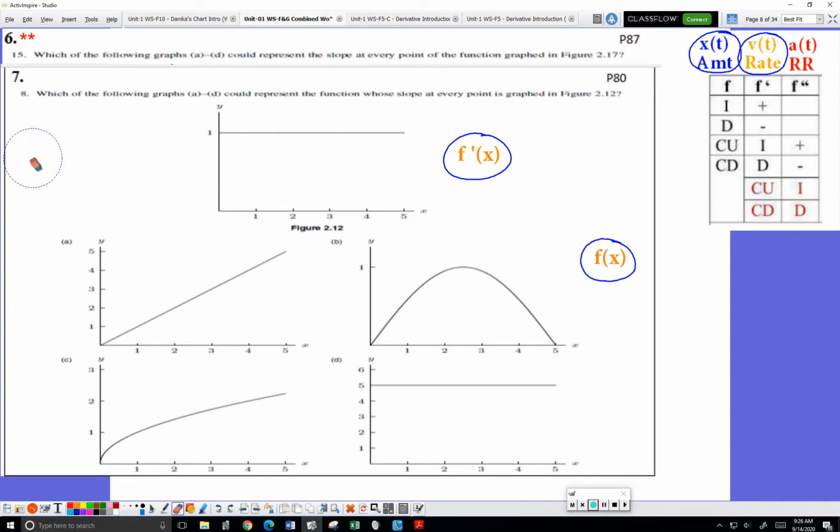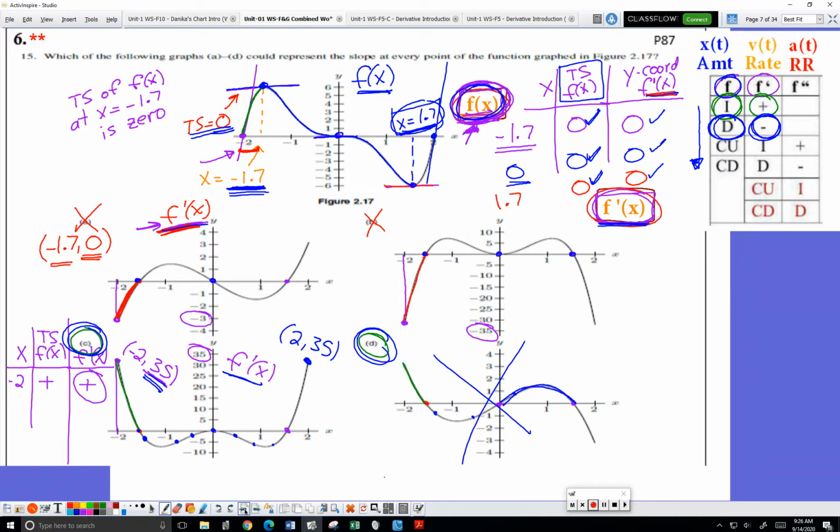It says, which of the following graphs, A through D, so they're saying, which of the graphs below could represent the slope, at every point, of the function graphed at the top. So on number 6, they're saying, take this graph, find the slope at every point, graph those slopes here, and which one matches.